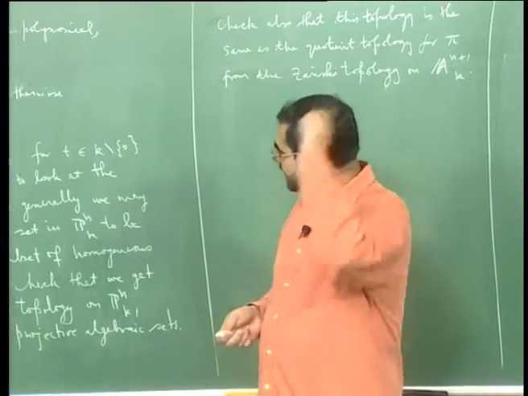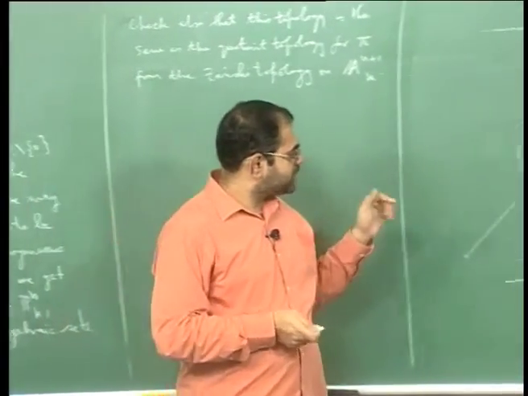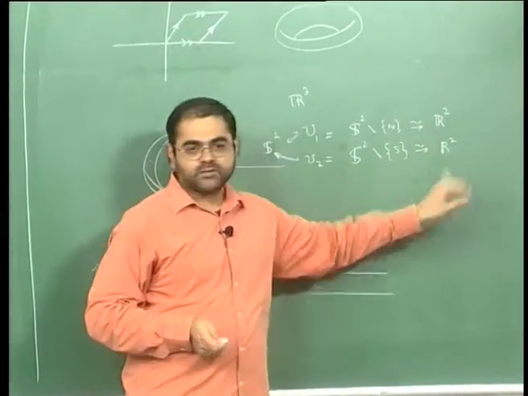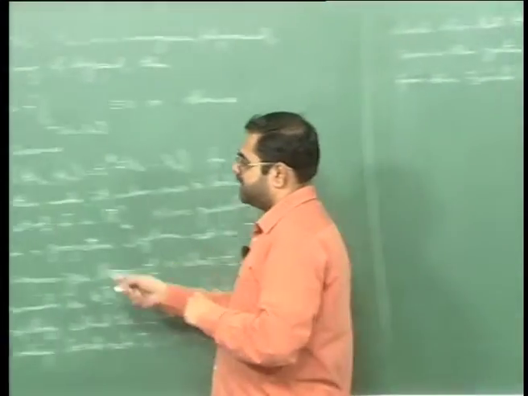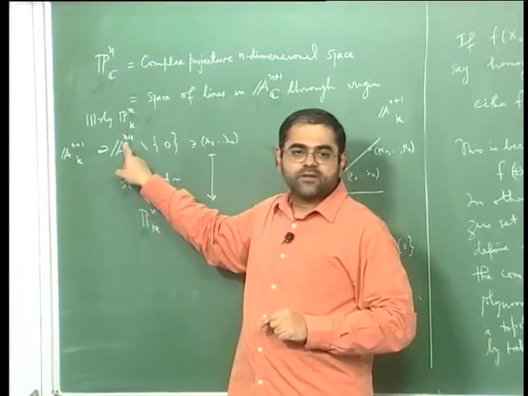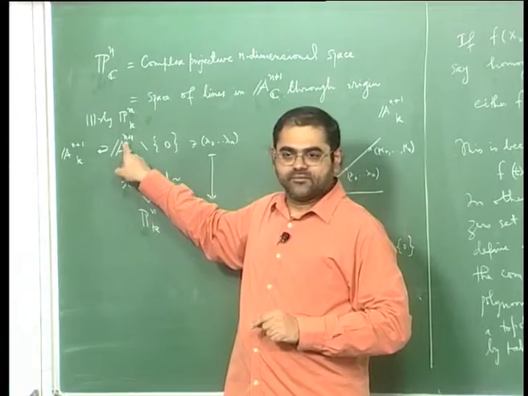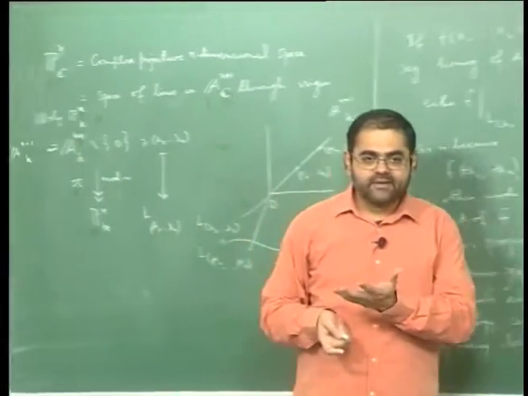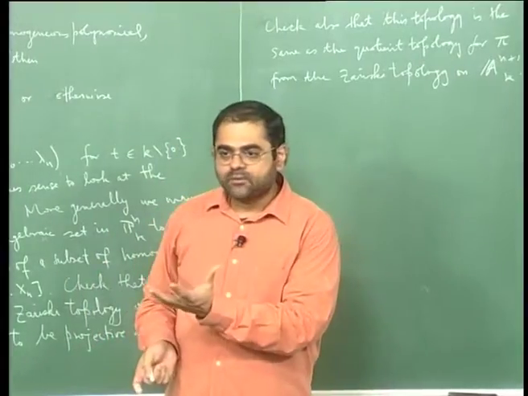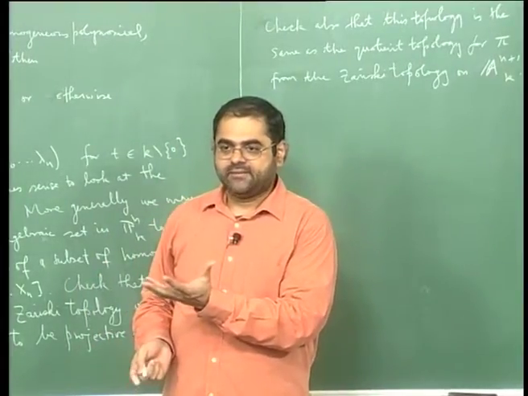And of course I also forgot to tell you, just like S2 is a union of two R2s, I will show in the next class that Pn is a union of n+1 copies of An. So the projective space is locally covered by n+1 open sets, and each open set looks like An, affine n-space.